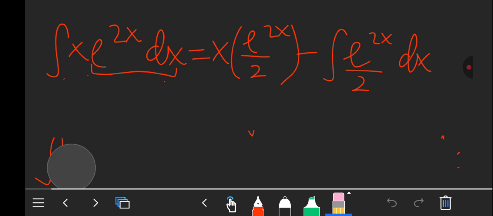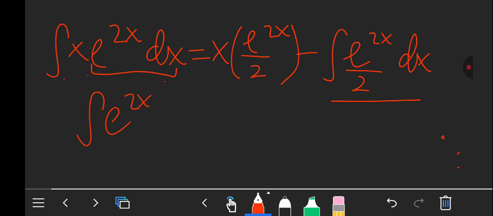So how can we integrate this part? We integrate e to the power 2x over 2 with respect to x.